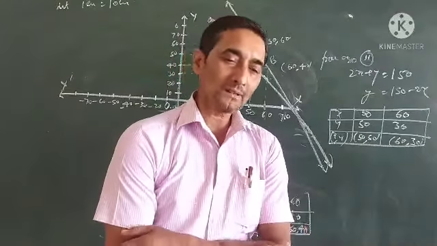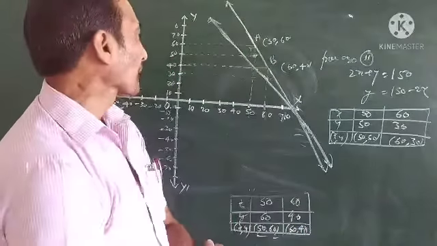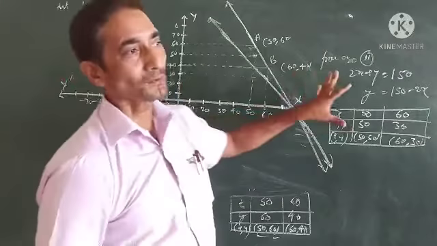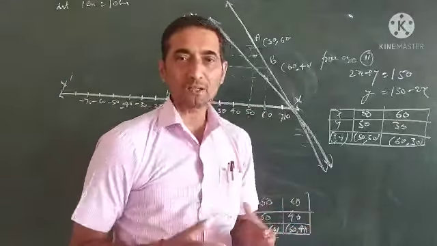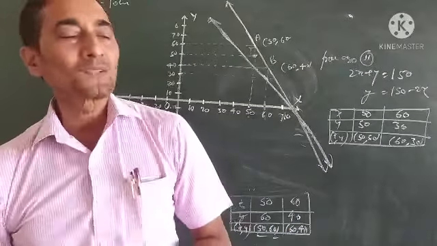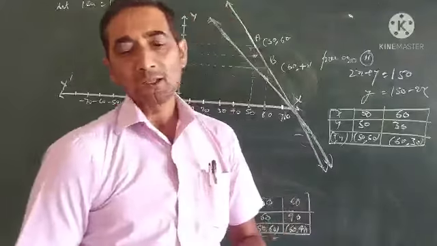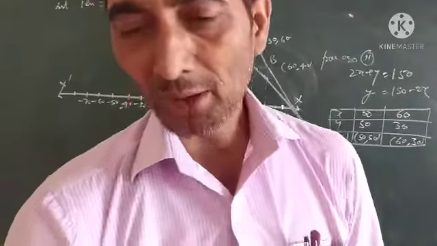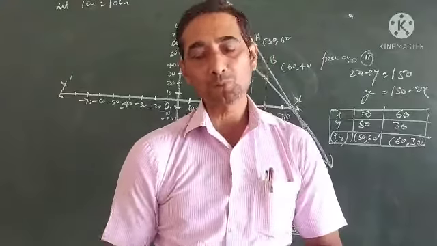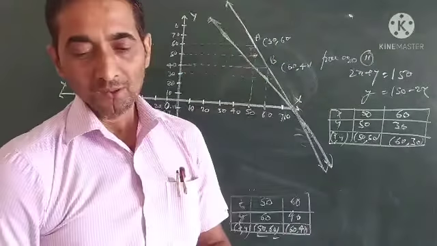Then your answer will be correct. But the process is here. You will try to learn, you will try to see the process, how we can represent linear equations on graph paper. So it is the third question. Now your exercise number 3.1 is completely complete.